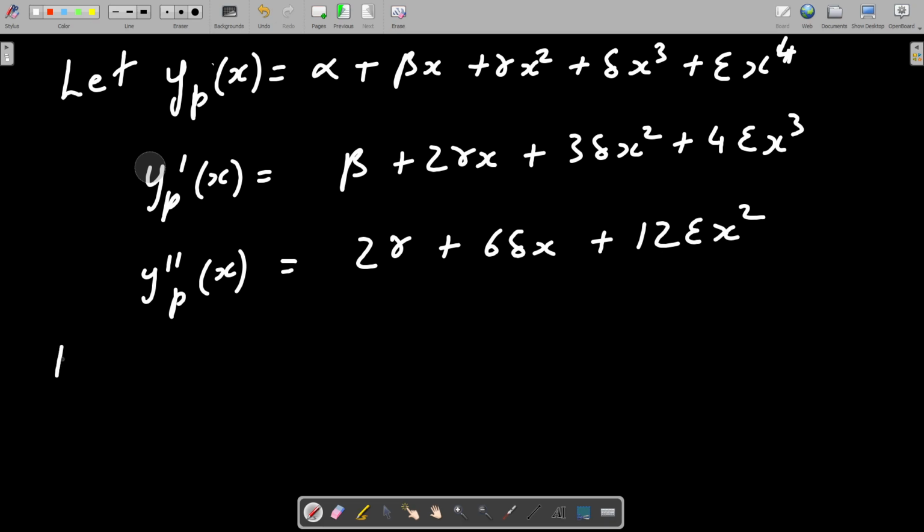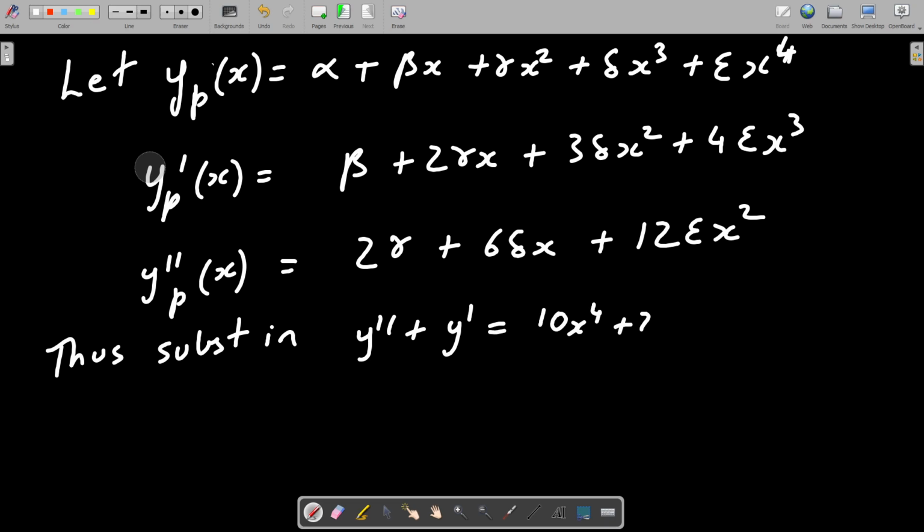Okay, so thus substituting in y double prime plus y prime equals 10x raised to 4 plus 2.